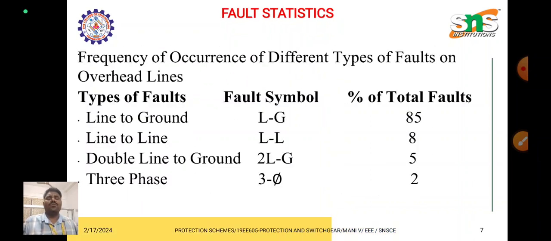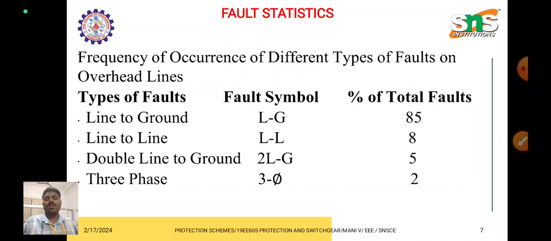If you go for the transmission line, it may be a line to ground fault, line to line fault, double line to ground fault, or a three phase fault, which is called a symmetrical fault. The majority of faults are line to ground faults. The line to line fault, occurring accidentally because of a heavy storm, is only nearly 8%. The double line to ground fault is very rare, only 5%.